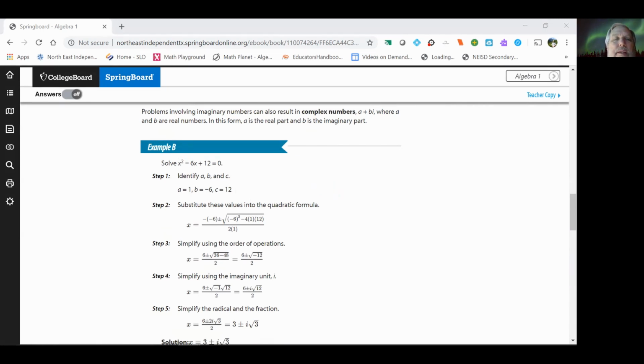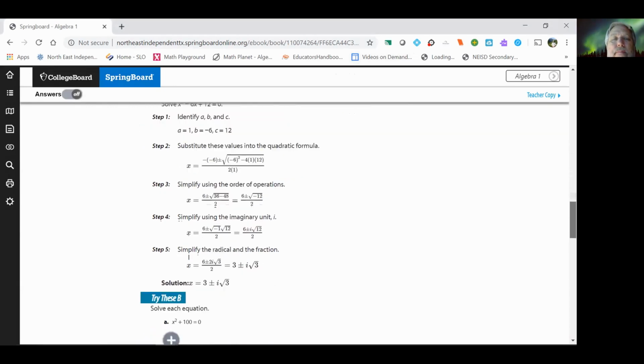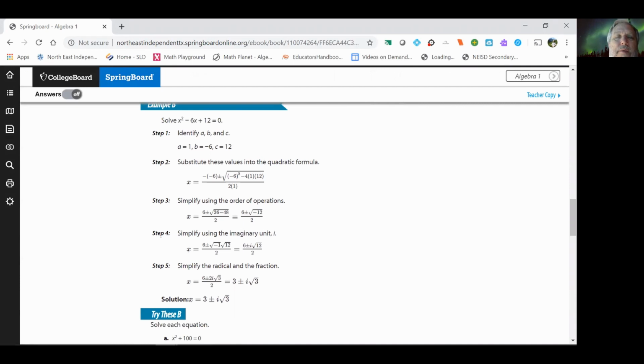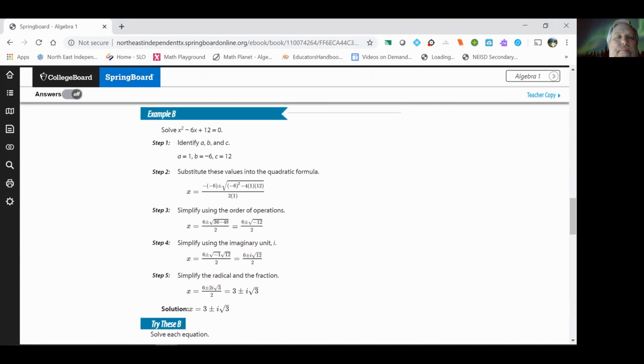So we're going to go ahead and do example B. Example B is x squared minus 6x plus 12 equals 0. We'll start off by asking, what's a, b, and c? So a is equal to 1, b is equal to negative 6, and c is equal to 12. And we'll go ahead and use the quadratic formula.